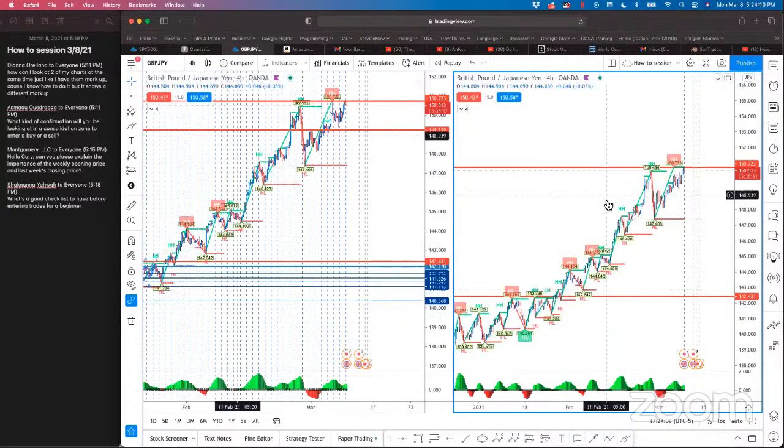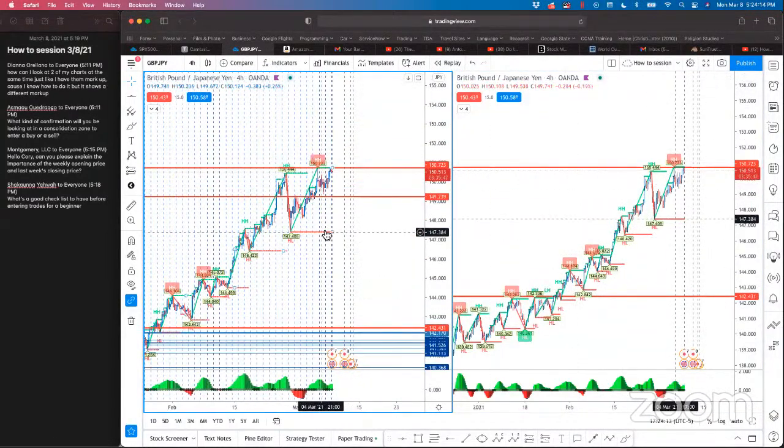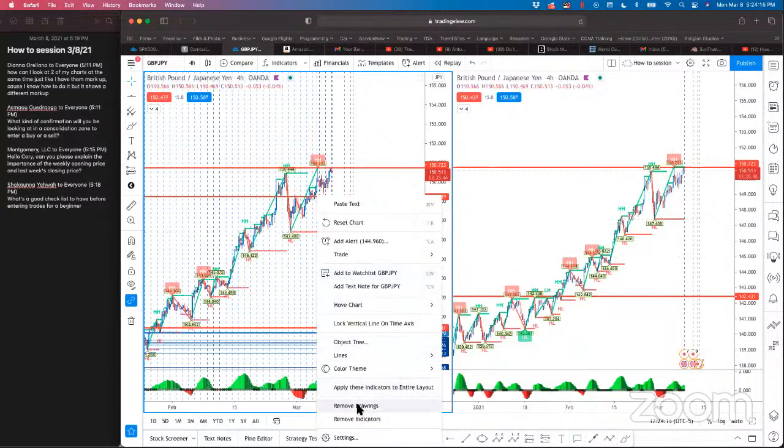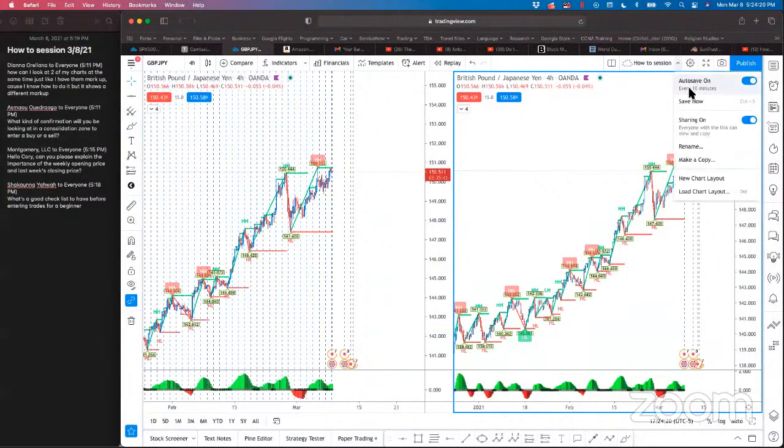Also, the next thing you need to consider, since we're talking about it, let's clear this up, is you need to make sure you have auto save on, and aside from having auto save, you want to make sure you are doing everything in the same layout.